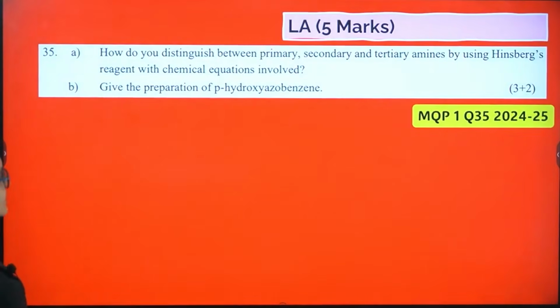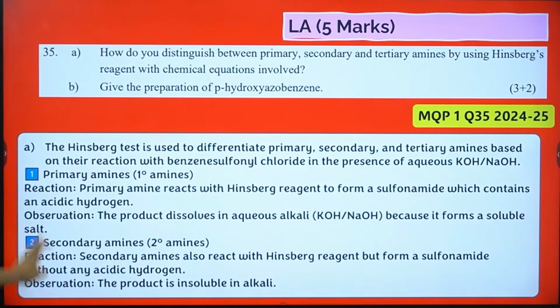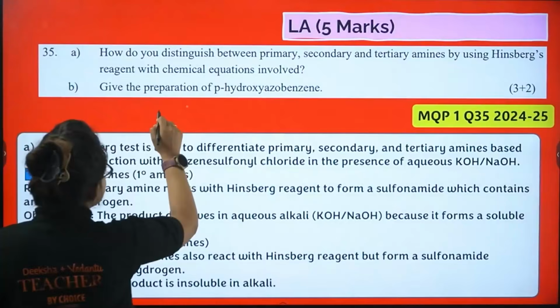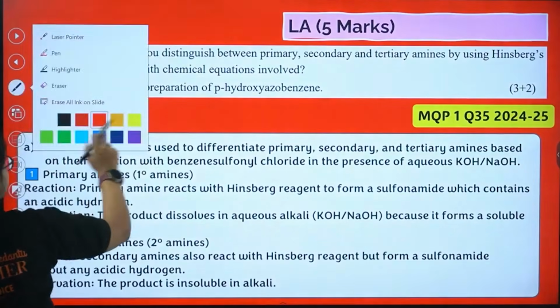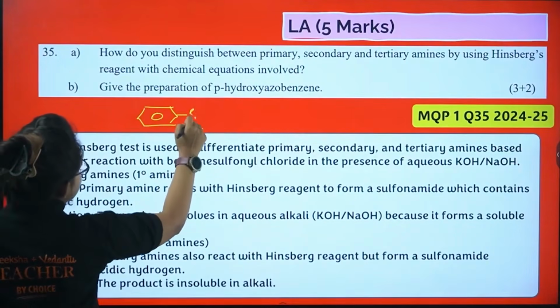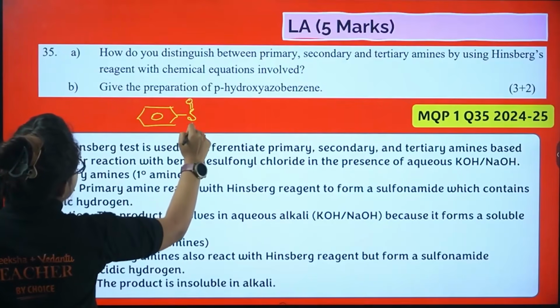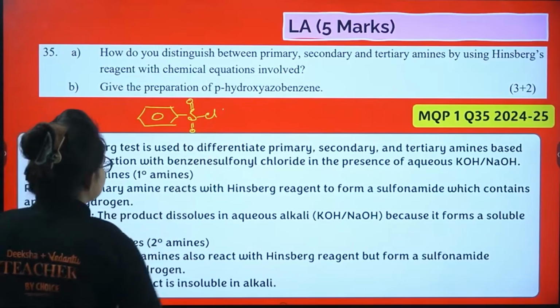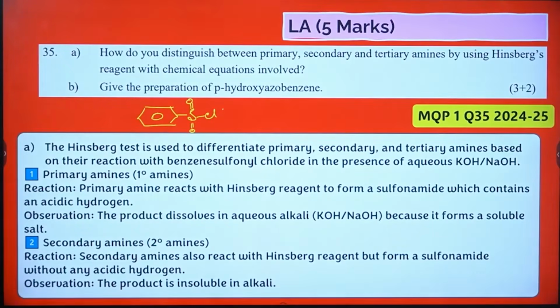How do you distinguish between primary, secondary and tertiary amines by using Hinsberg reagent, with the chemical reactions involved? So Hinsberg reagent itself is very much important for your upcoming examination. This is basically benzene sulfonyl chloride. If you use it with the primary amine, it contains one acidic hydrogen, right?